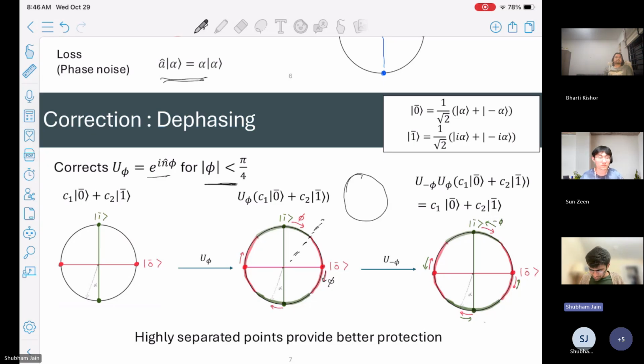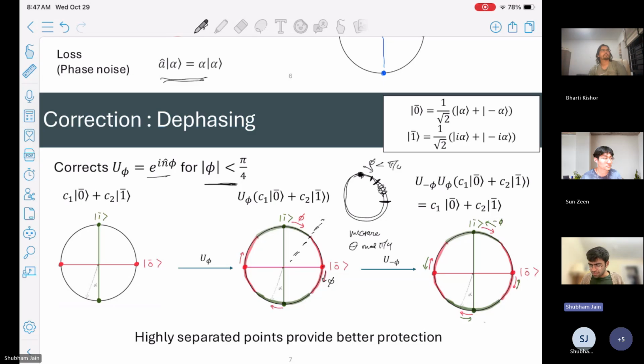If we just consider one state and we started out here, and there's another state here, so if the angle phi is less than pi over 4, then we never get into this territory. And if we just measure the angle of this resultant state, let's say it landed up here, we measure the angle theta mod pi over 4, then we would know where in this region we ended up, and we can correct it back to the original state.